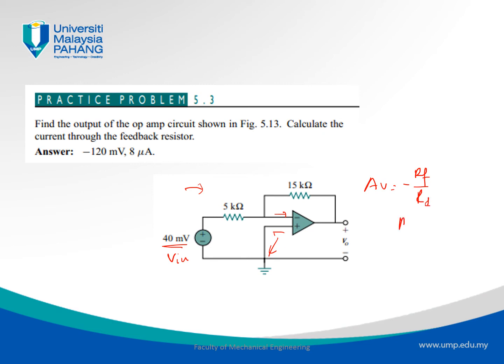Here RF is 15 kilo ohm and R1 is 5 kilo ohm.